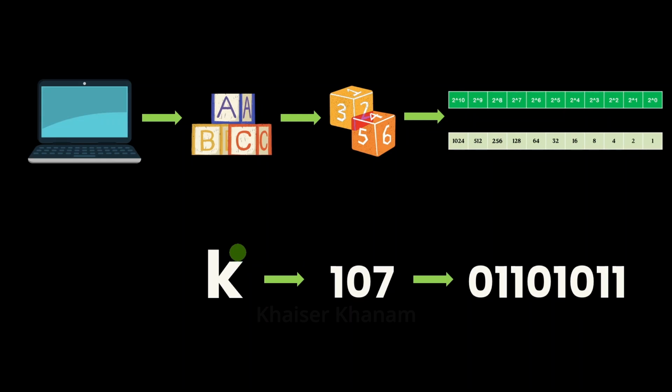So this is how characters are converted. For numbers, the number is directly converted to binary representation. But for characters, first it is converted to a number, and then that number is converted to binary representation.